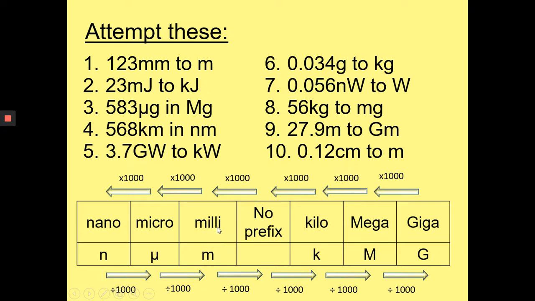And I want to convert that to meters, so that's no prefix. So in order to do that, I need to divide that number by 1000. So in my calculator, I will put 123 divided by 1000, which should give me 0.123. I want you to pause the video now and have a go at the remaining 9 questions.